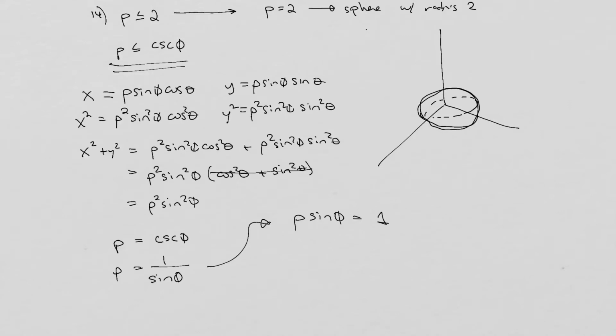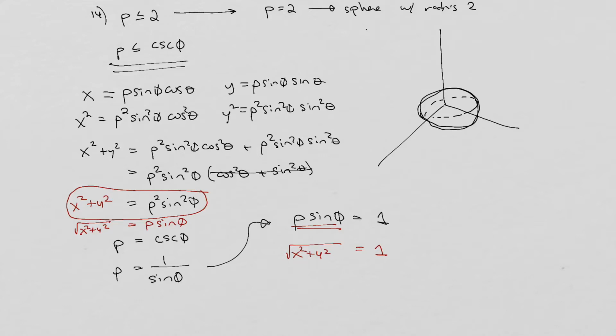So now go back to this equation. I have x squared plus y squared equals this. So if I take the square root of both sides, I get rho and sine of phi here. So I could substitute that out with the square root of x squared plus y squared equals 1.